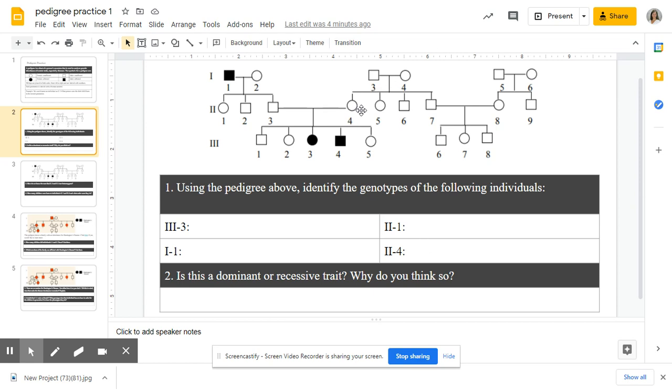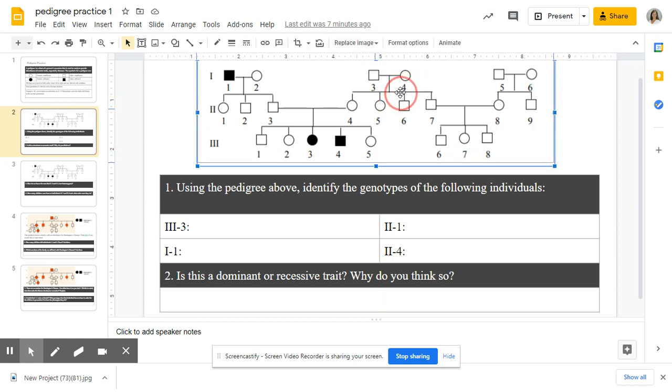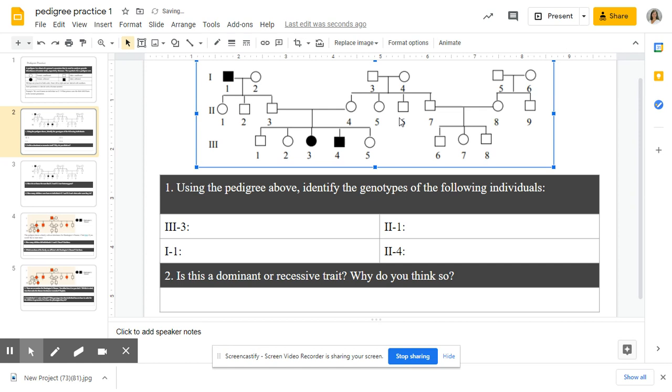Okay, so the first thing we've got to figure out here is what exactly are we looking at in terms of these traits? I may actually jump to the second question here first before we answer the first question, only because one of the first things that I notice is that when I look at this section here, none of those individuals are shaded in, which pretty much tells me I'm probably dealing with some dominant trait.